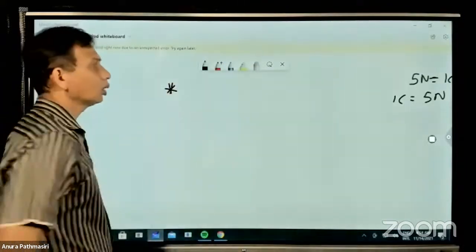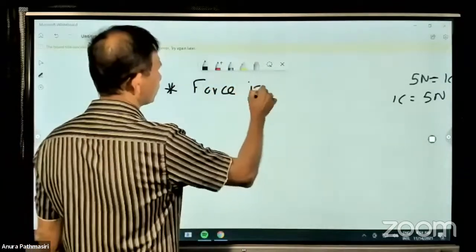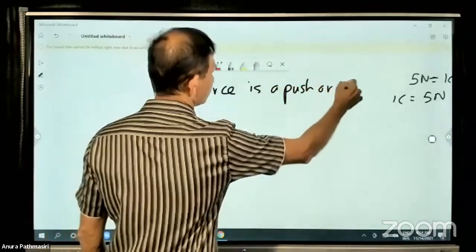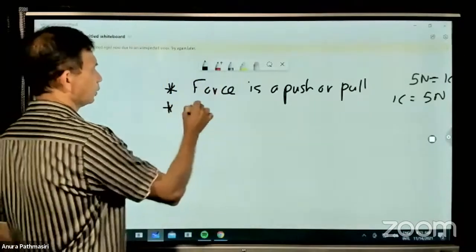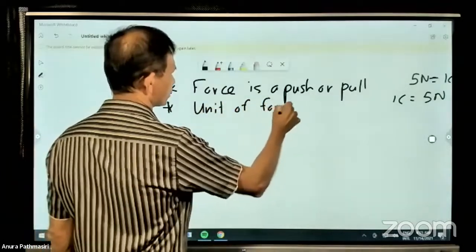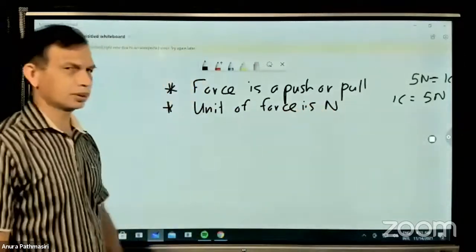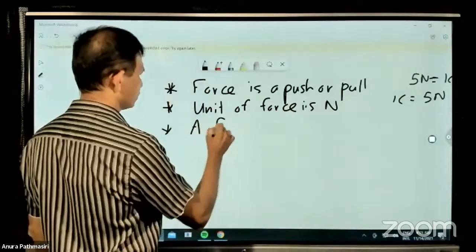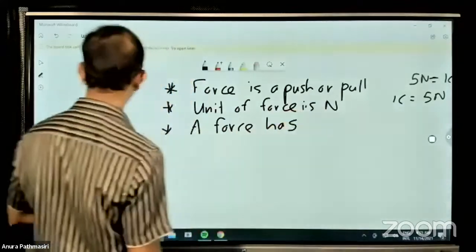You should know that force is a push or pull. The unit of force is Newton. And a force has these things.